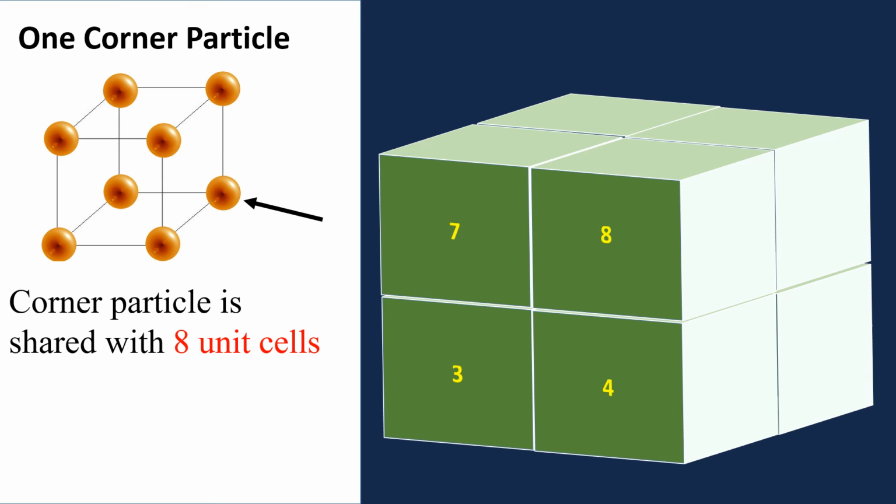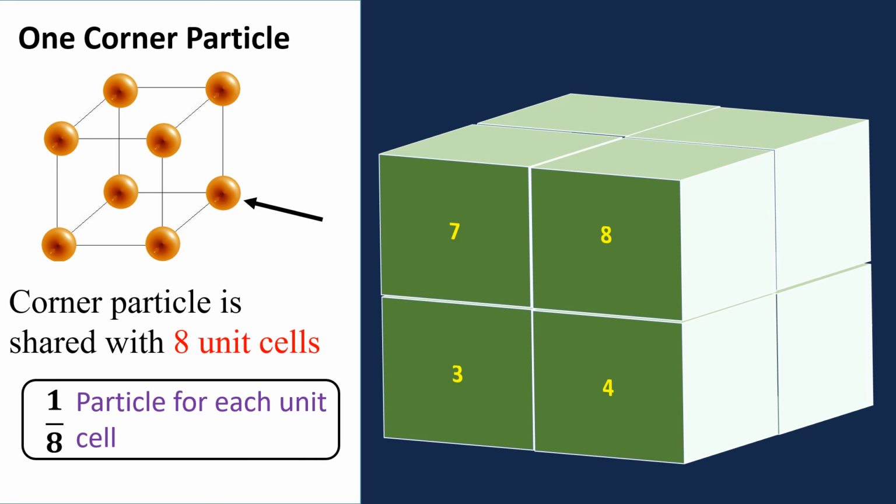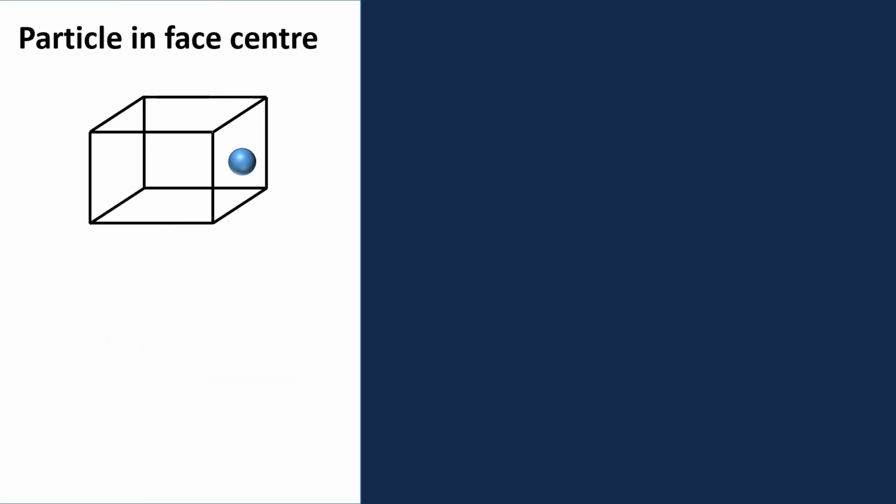So it is clear that a corner particle is shared with 8 unit cells. So the particle contribution of a corner particle in a unit cell is 1 by 8. Then what about the particle in the face center?